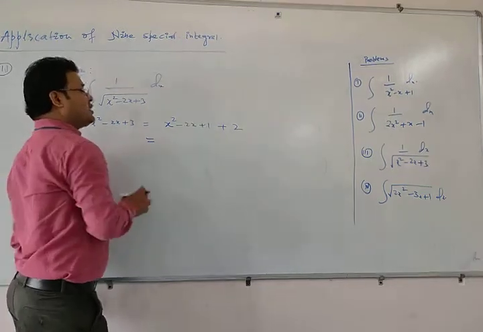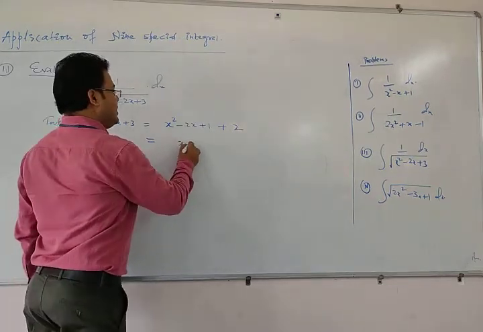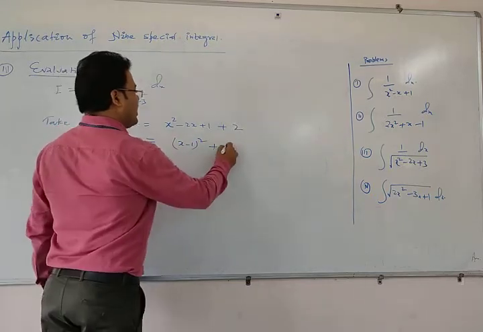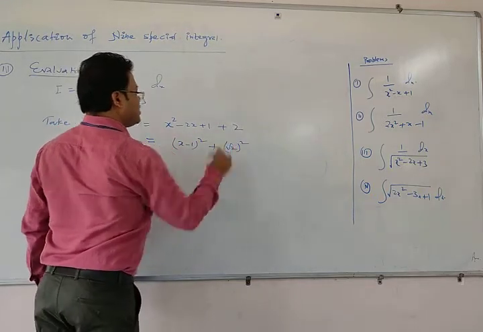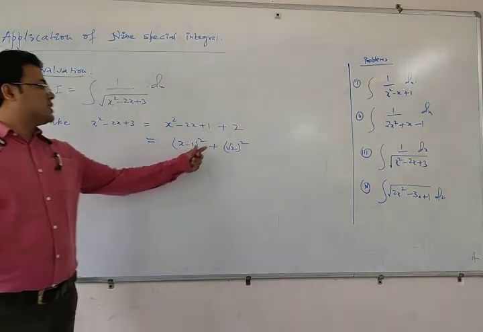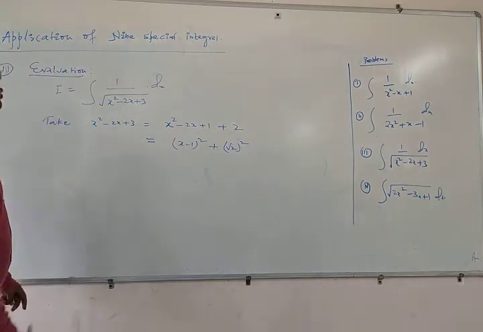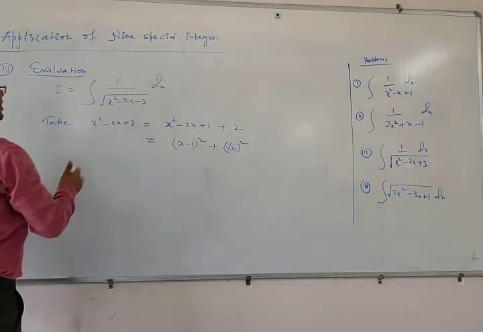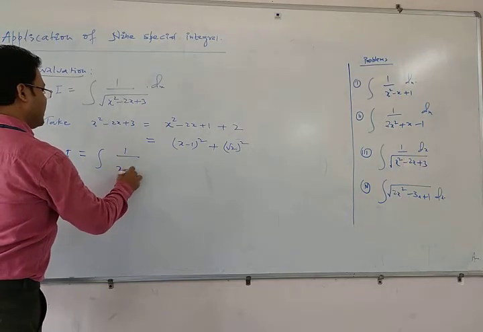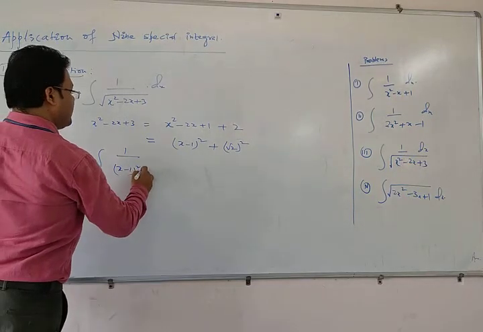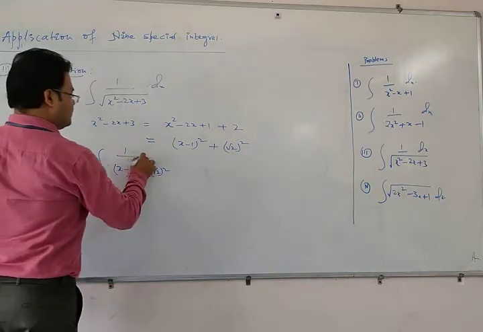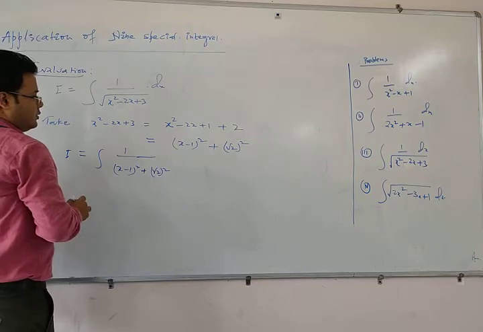So in place of x square minus 2x plus 1, you can write whole square of (x minus 1), and in place of 2 you can write whole square of square root of 2. So it becomes the sum of two perfect squares. Now using this in the given integral, I becomes the integral of 1 upon square root of ((x minus 1) whole square plus (square root of 2) whole square) dx.